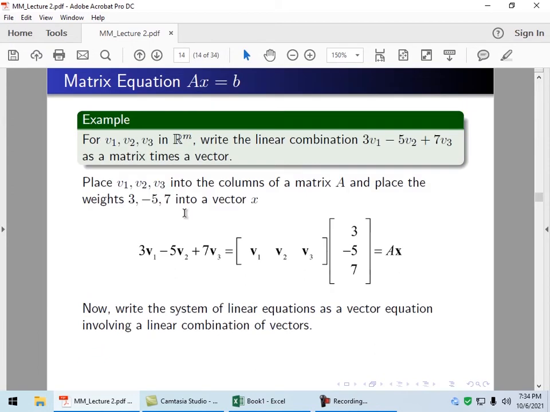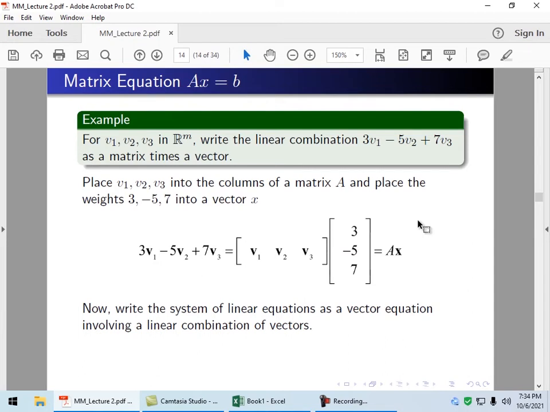So another example for v1, v2, v3 in R^m: write the linear combination 3v1 minus 5v2 plus 7v3 as a matrix times a vector. So here we have these values, v1, v2, v3. Here is our combination of weights, and we perform this, we produce this matrix.